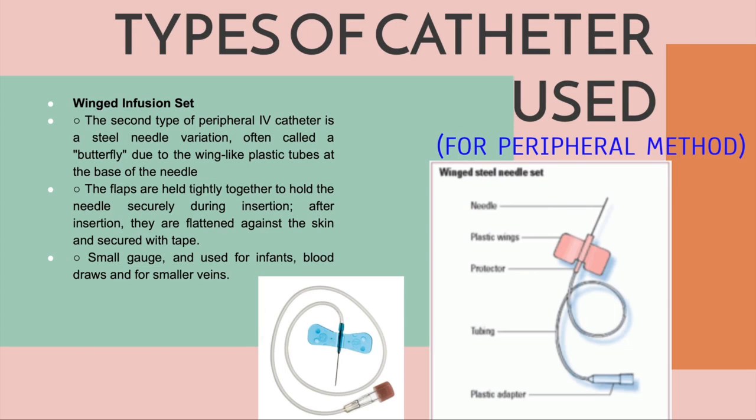The flaps are held tightly together to hold the needle securely during insertion. After insertion, they are flattened against the skin and secured with tape. This type of catheter uses small gauge needles, and is used for infants, blood draws, and for smaller veins.